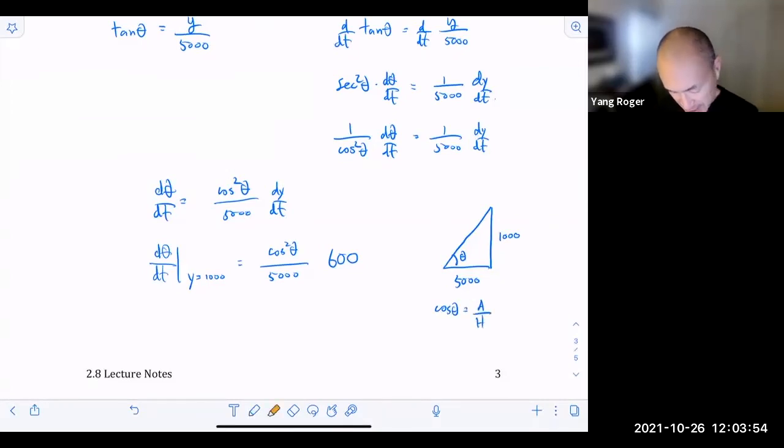I have the adjacent side, that's 5,000, but I need the hypotenuse here. So we need to use the Pythagorean theorem again. So this is going to be 5,000 divided by the square root of 5,000 squared plus 1,000 squared. Does that make sense? Any questions?